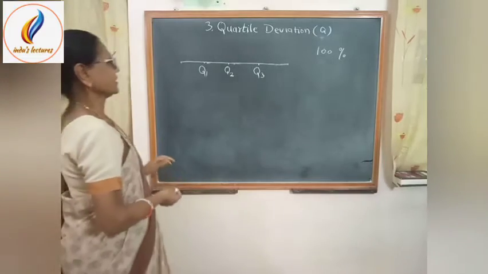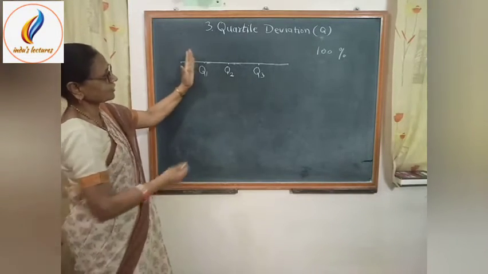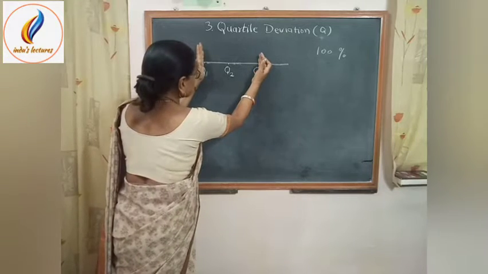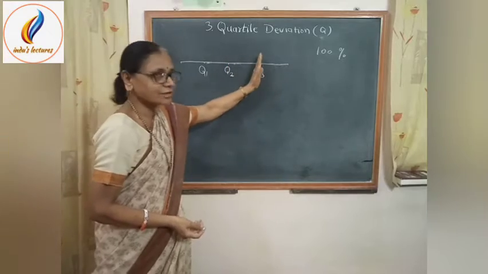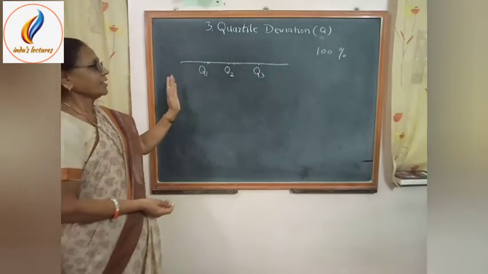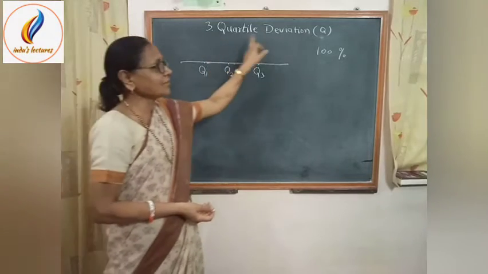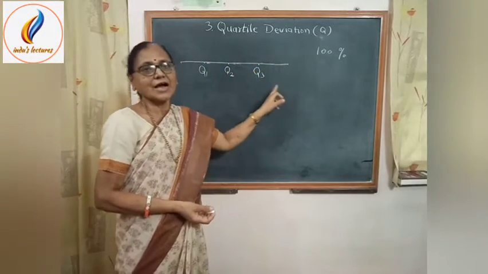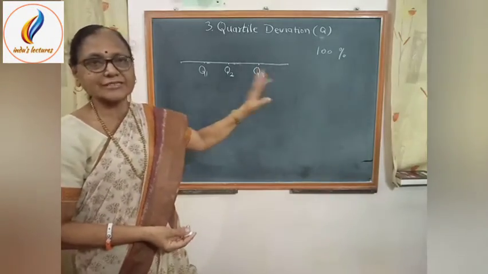scores lie. Now the distance between first quartile and third quartile, that means this middle distance, is called the interquartile range, and quartile deviation is defined as half of the interquartile range.